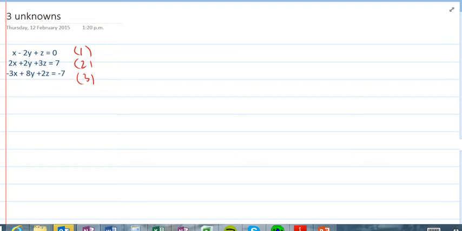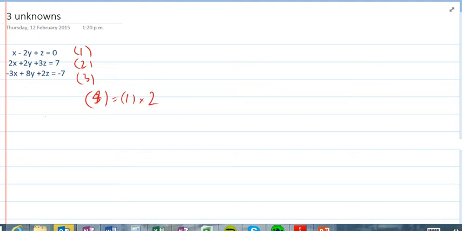Alright? So in order to do that, I might use the first two equations there, 1 and 2, to try and eliminate the x's. So equation 4 now that I'm going to make is going to be equation 1 times 2.